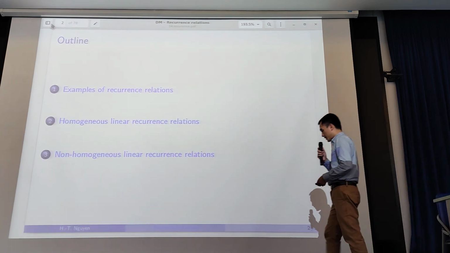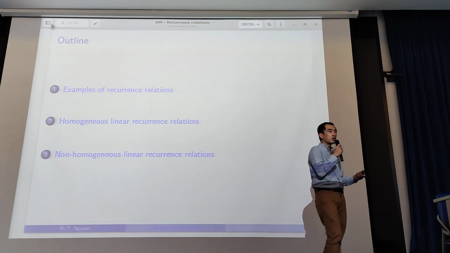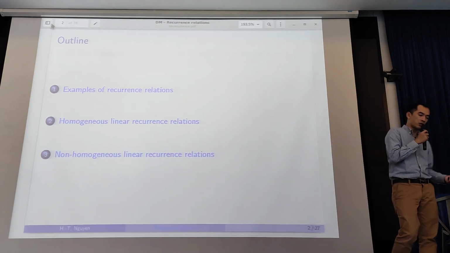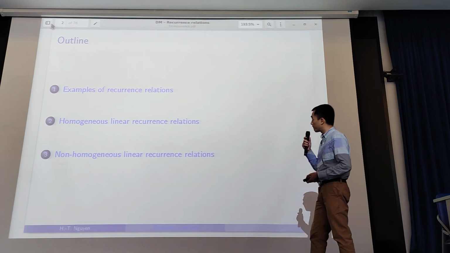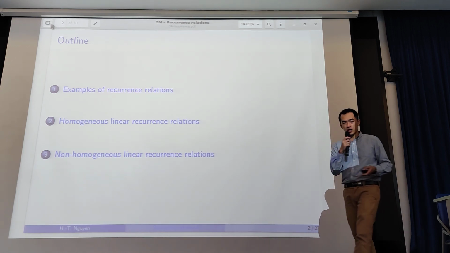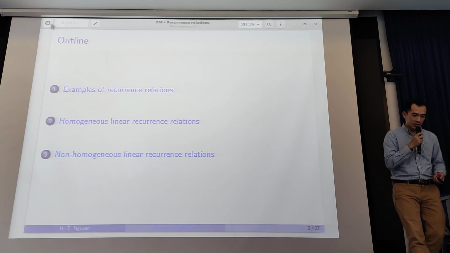And most of the time, it is difficult to establish a formula or efficient computations of a general term of such a sequence.